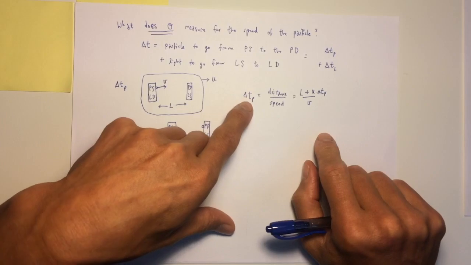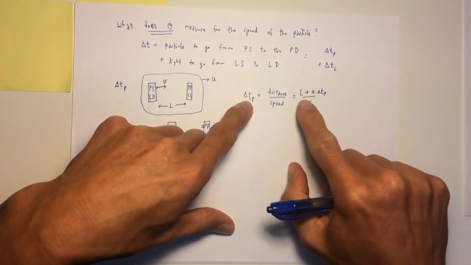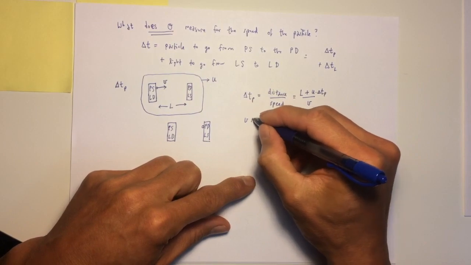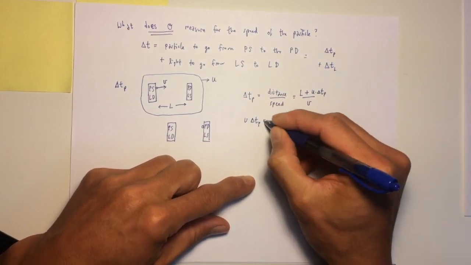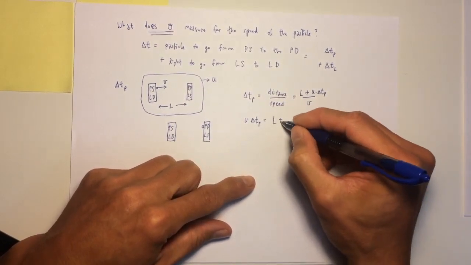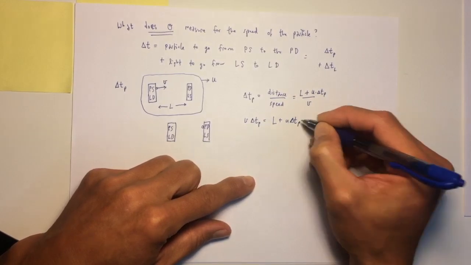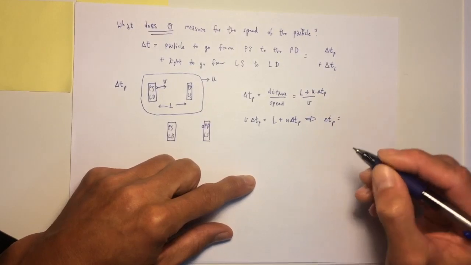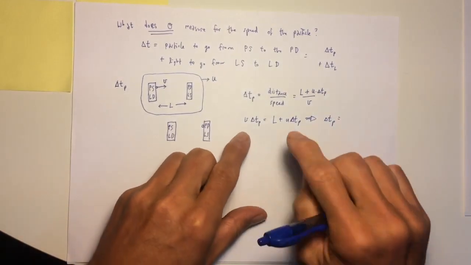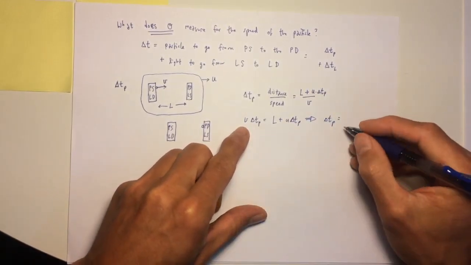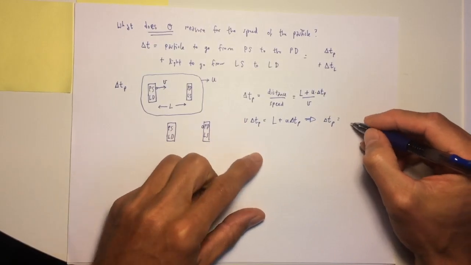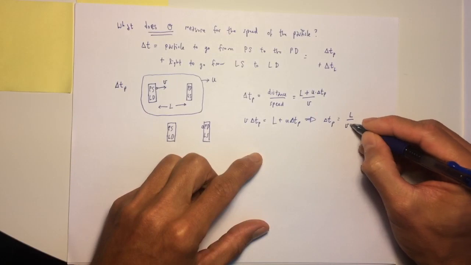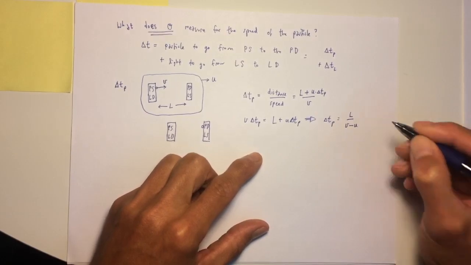So it's weird because the time is defined in terms of itself, but you can solve for the time. So v delta t sub p equals L plus u delta t sub p. So this implies that delta t sub p equals, so the u is going to be subtracted from v, and it will go underneath L. So L over v minus u.